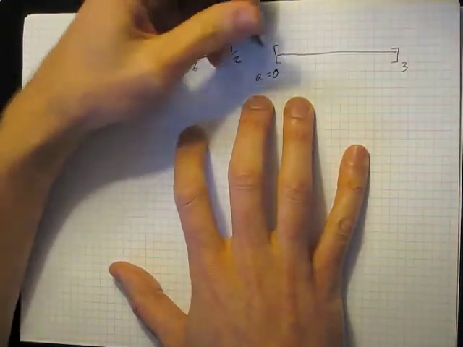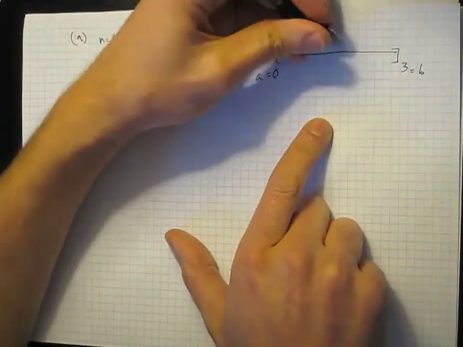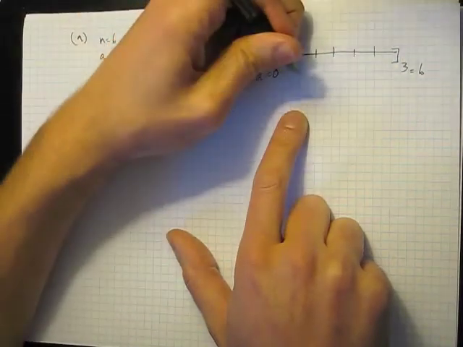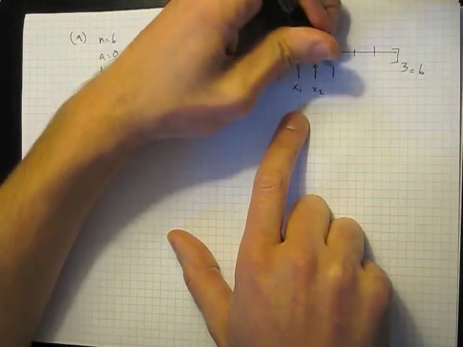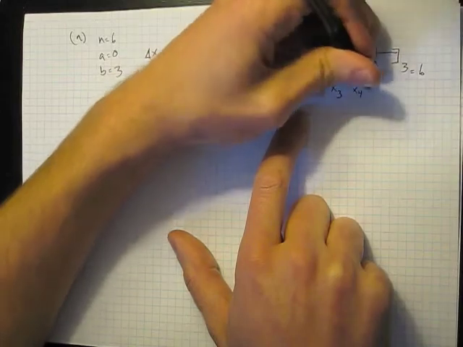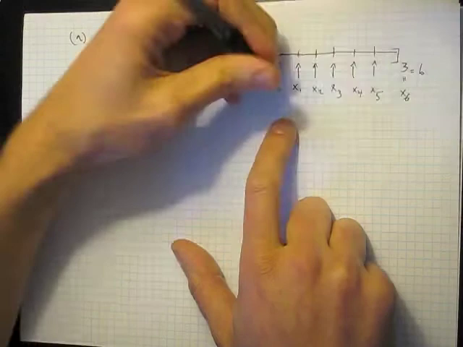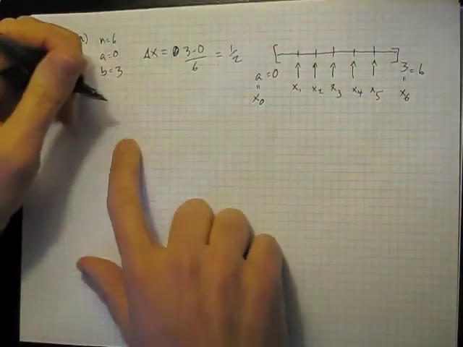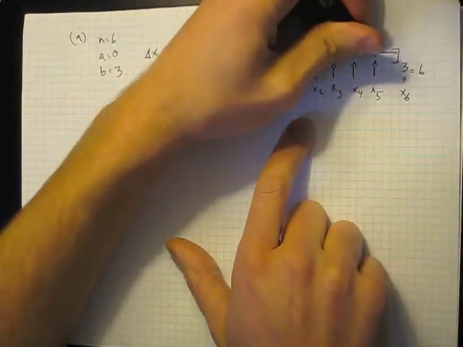This is our a, this is our b, and we're going to divide this into 6 pieces, like this. So this will be x1, this will be x2, x3, x4, and x5. Okay, this one here, this is x6, and this one, if we're following our definition notation, this is x0.